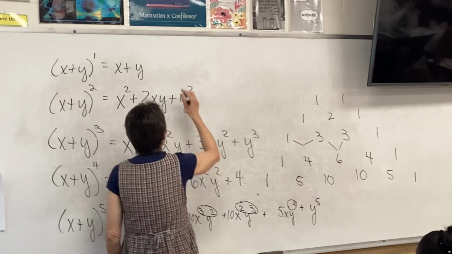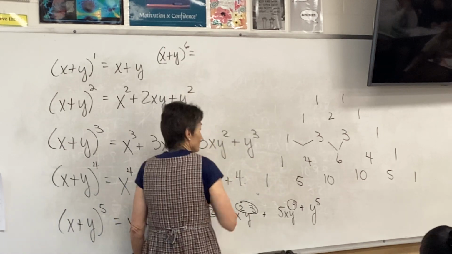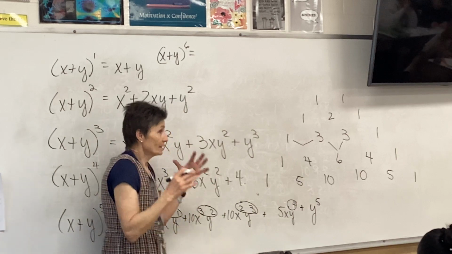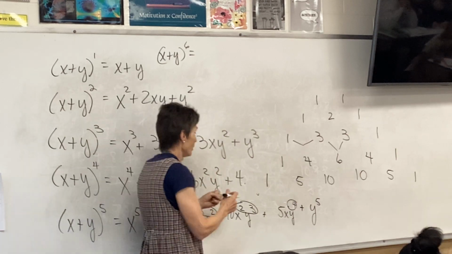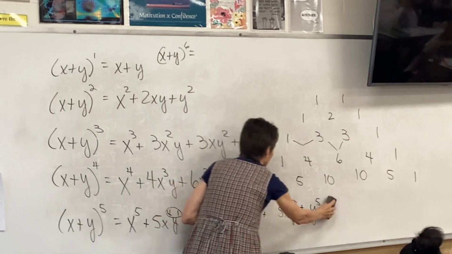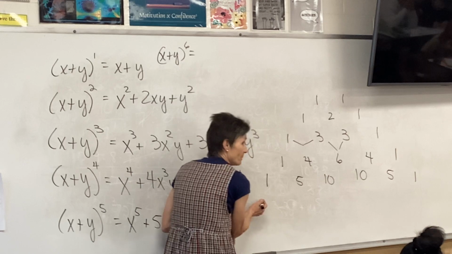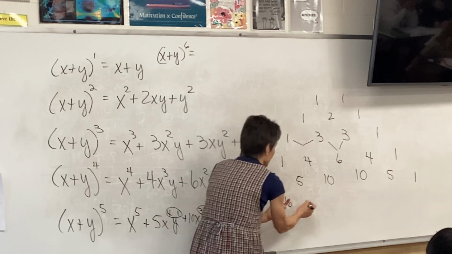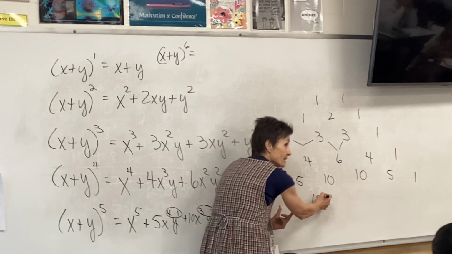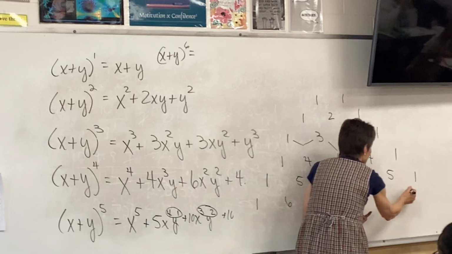So what would x plus y to the 6th be? Well, let's put all this together that we've observed. First of all, our coefficients are going to be 1, 6, 15, 20, 15, 6, 1.